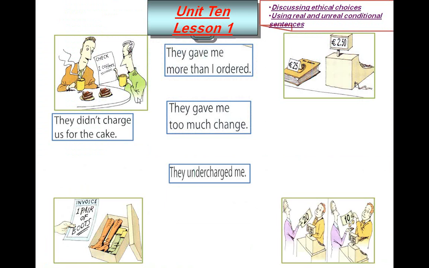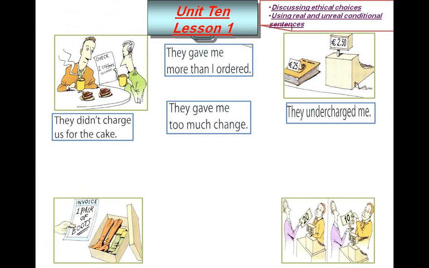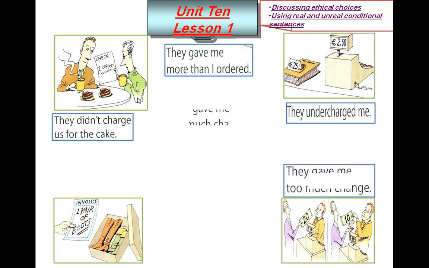What about the second picture? Here we have on the cashier 2.5, but the real price is 25, so we say they undercharged me. And the third one, they gave me too much change.